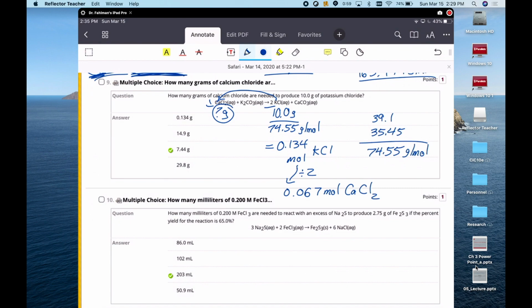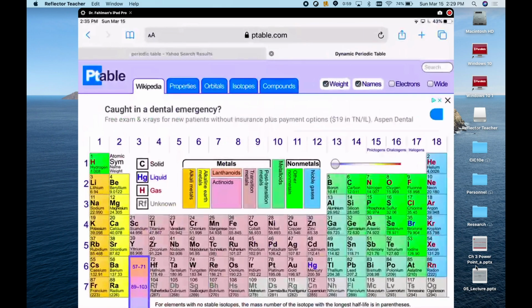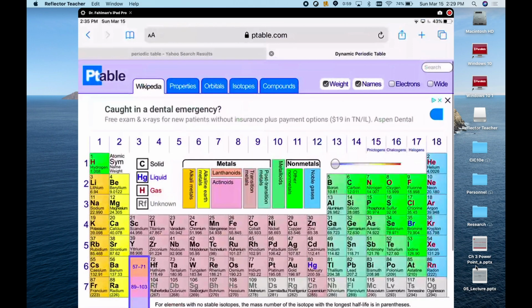For grams, we just need to multiply by the molar mass of calcium chloride. Calcium is 40.078. Is that right? Yeah, 40.078.